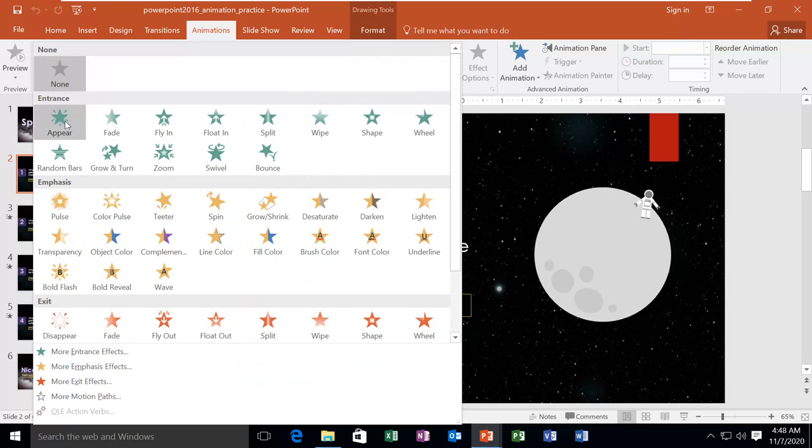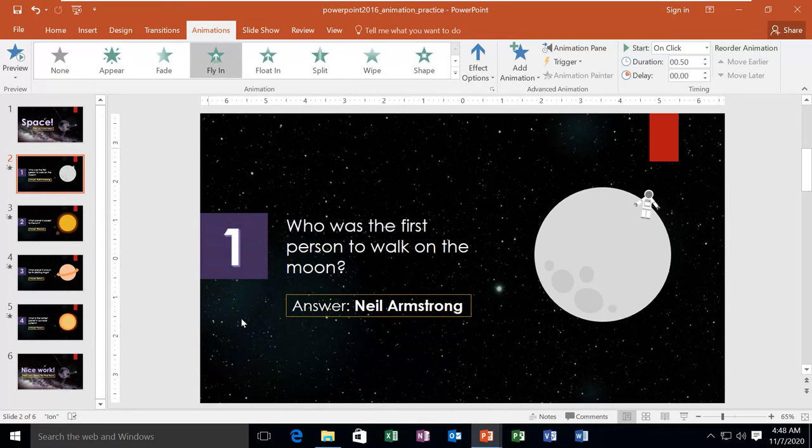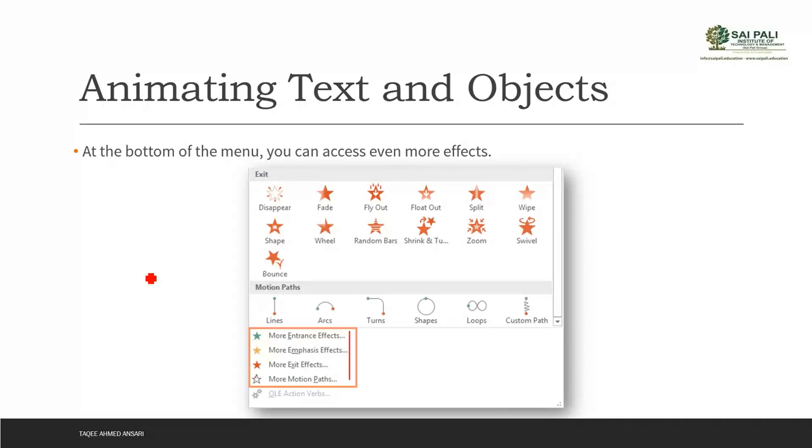I can see entrance, emphasis, and exit also. Suppose I say okay, fly in. Now you see how it is going to come. And now you see the number here. That number indicates that there is an animation applied to the object. And here also you can see the star, which also says it's an animation applied to the object.